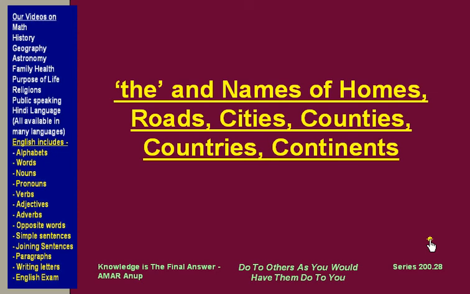Now let's look at the next section, that is use of the with the names of homes, roads, cities, counties, countries and continents.